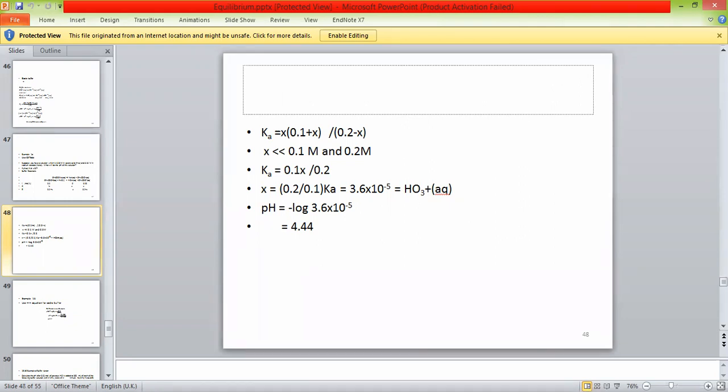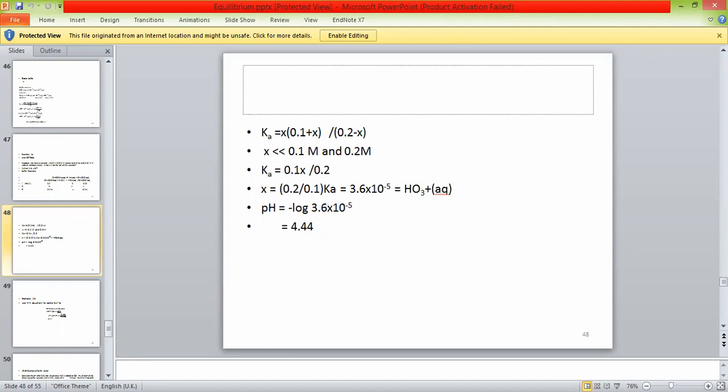So if they've not specified the method, use the Henderson-Hasselbalch equation, because it is a straightforward equation that gives you the answer directly with simplicity. The marks will be the same whether you go by the ICE table or the Henderson-Hasselbalch equation, so long as they don't specify.